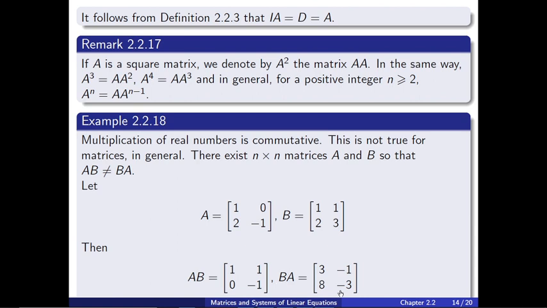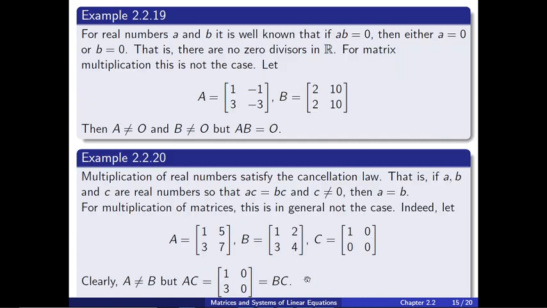So you can just verify if the entries are correct here, but otherwise AB will not be equal to BA, right?